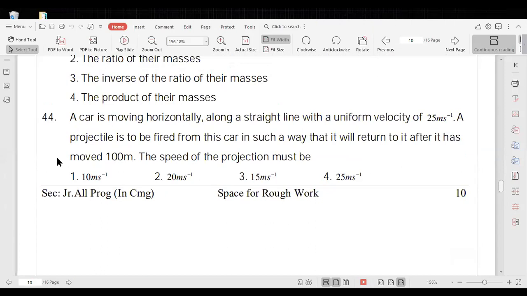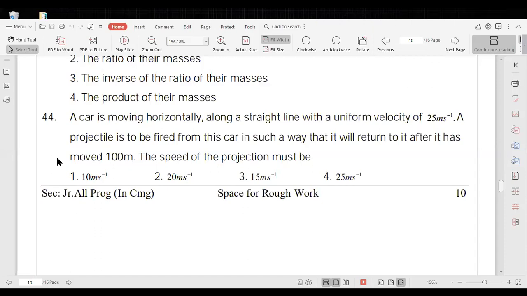44th problem. A car is moving horizontally along a straight line with a uniform velocity of 25 meters per second. A projectile is to be fired from the car in such a way that it will return to it after the car has moved a distance of 100 meters. Already I said this concept. Suppose this is a car, moving with uniform velocity Vc equal to 25 meters per second.